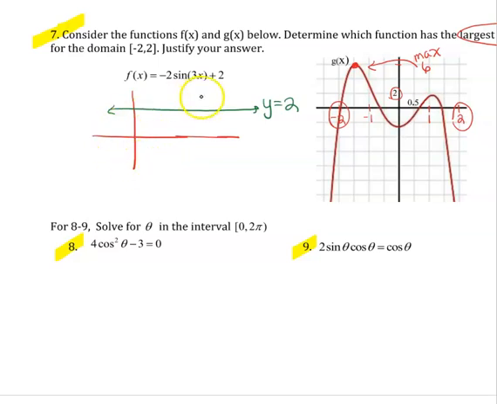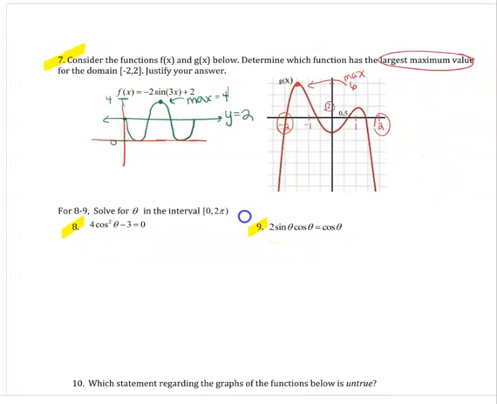And regardless of the frequency here, you're starting on the midline, and you're going to end up going 2 below, which will put us at 0, or 2 above, which puts us at 4. Technically, this is a negative sine graph, so it's looking something like this. Okay? Now, at most, our maximum is going to be 4, because it's the midline plus our amplitude.